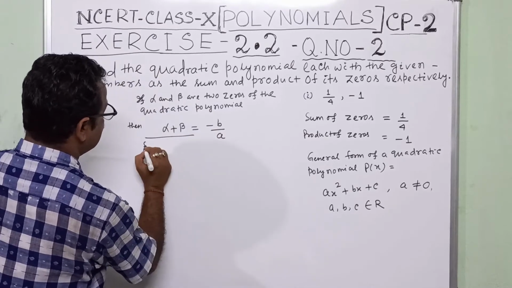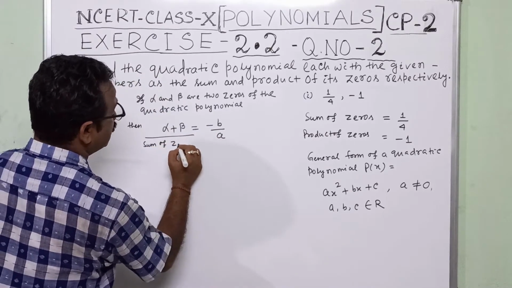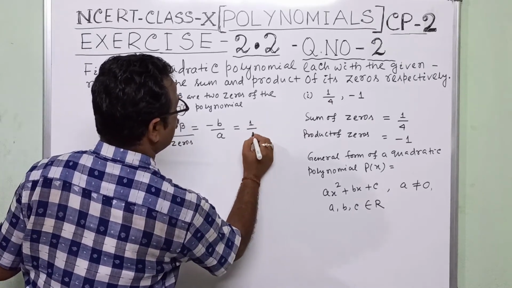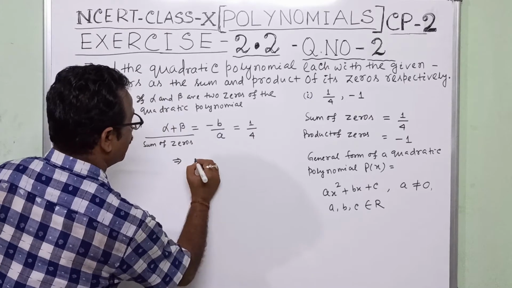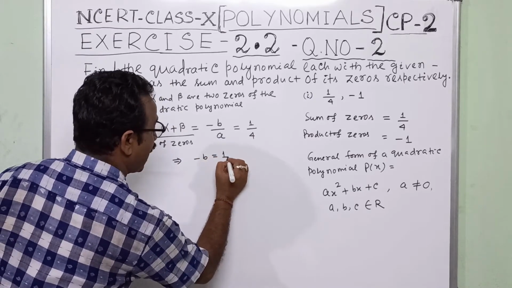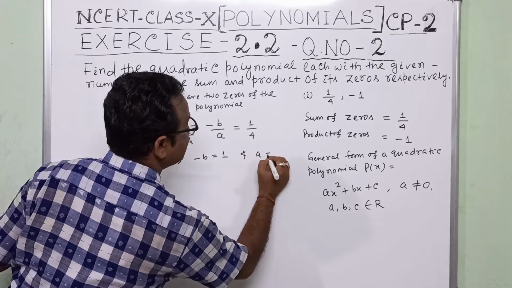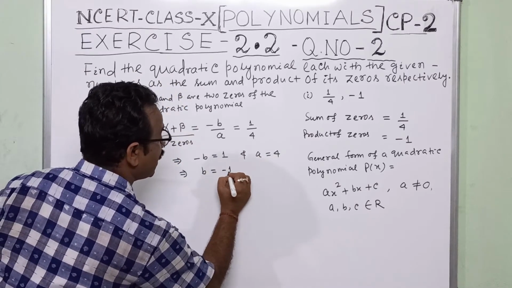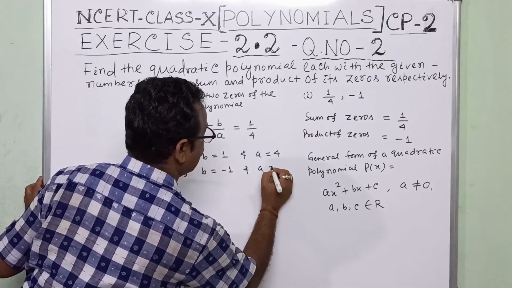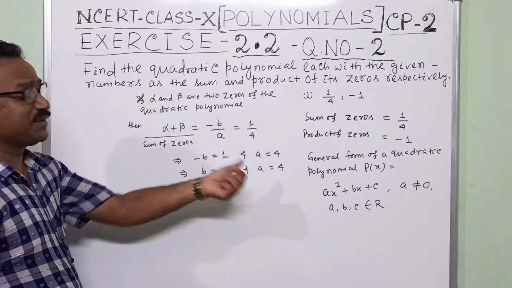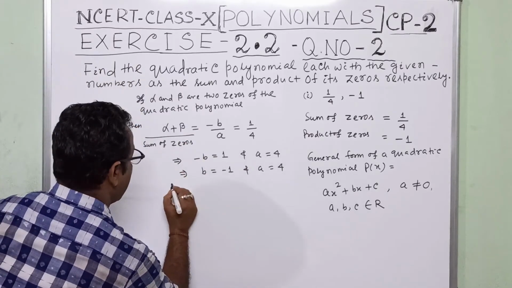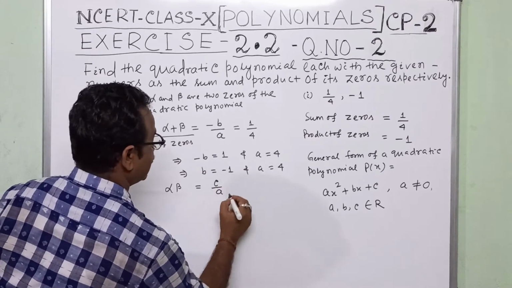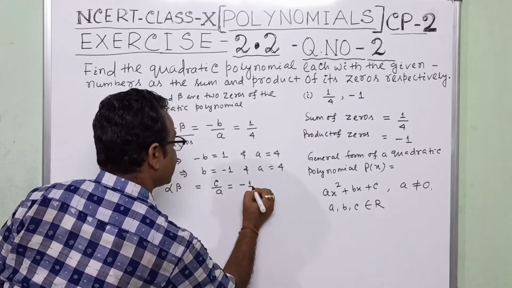Alpha plus beta, the sum of zeros, is equal to how much? 1/4. That implies minus b is equal to 1 and a is equal to 4. That implies b is equal to -1 and a is equal to 4. Now you got a and b. Now we find out c. Alpha beta is equal to c by a is equal to -1.